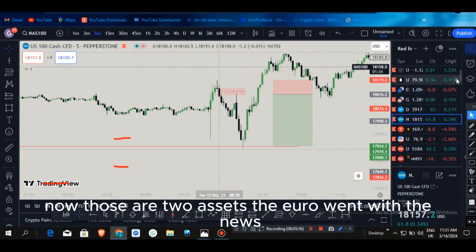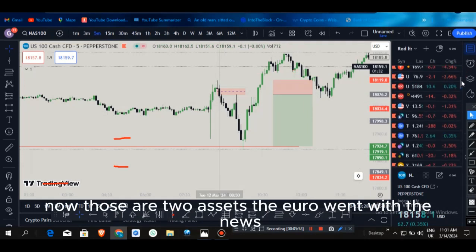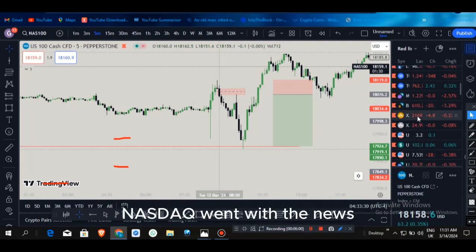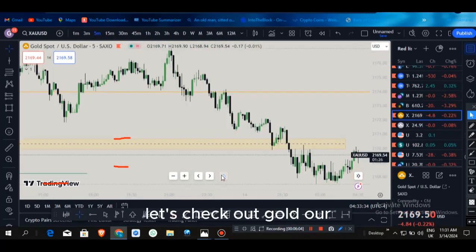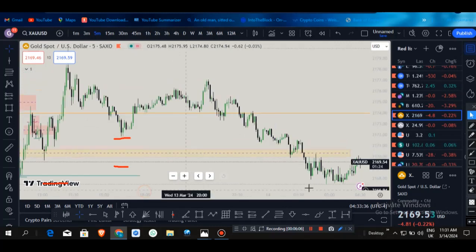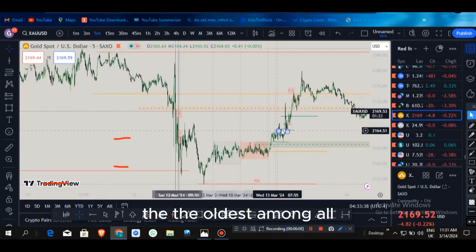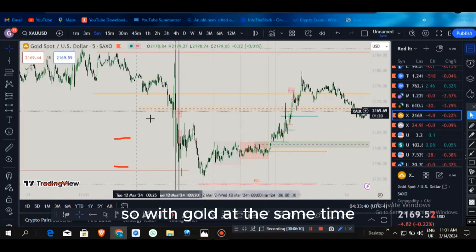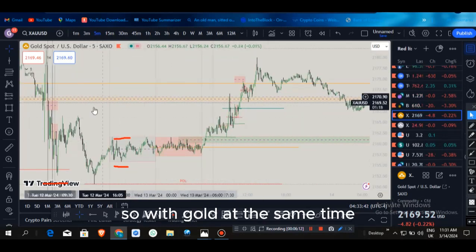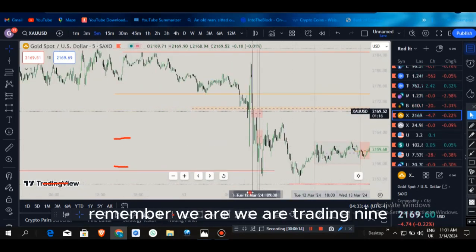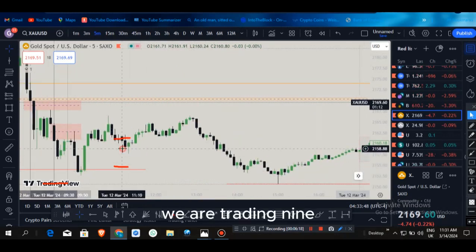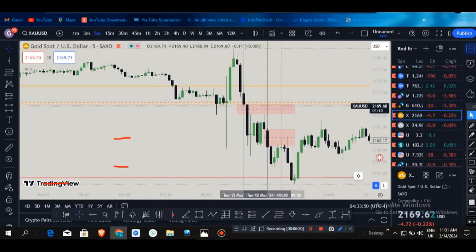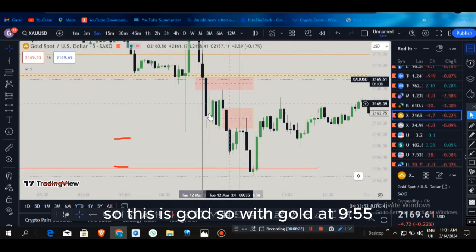Now those are two assets. The euro went with the news. Nasdaq went with the news. Let's check out gold. With gold at the same time, remember we are trading 9. So this is gold.